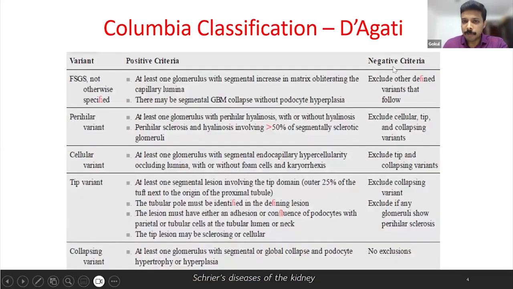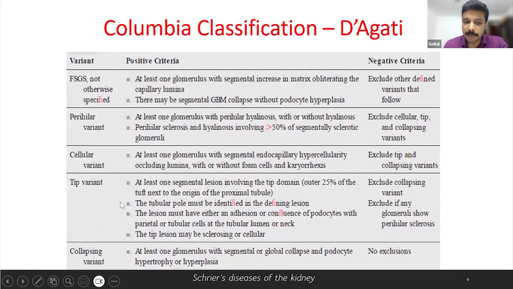So I think all of you are very familiar with this classification, which is the Columbia classification, which was proposed by D'Agati and colleagues. So the thing is, this has to be read from bottom to the top. This is basically a histopathological classification of FSGS. So first thing we have to look is whether there is a glomerulus with collapse and podocyte hypertrophy.